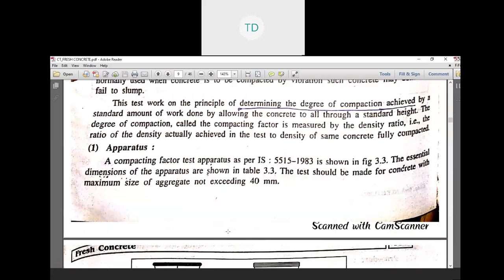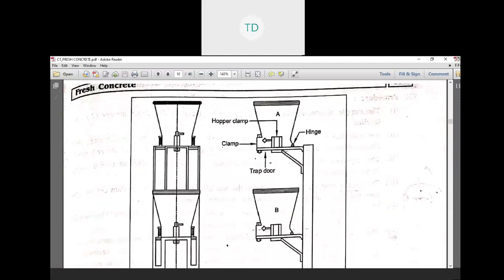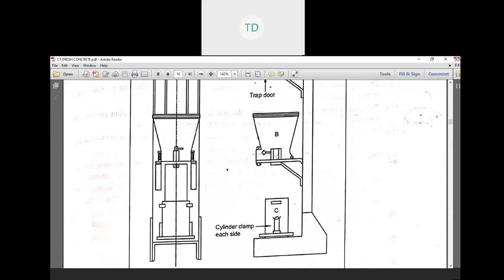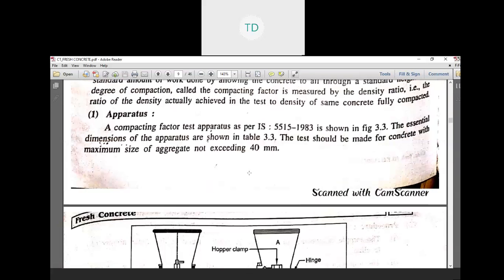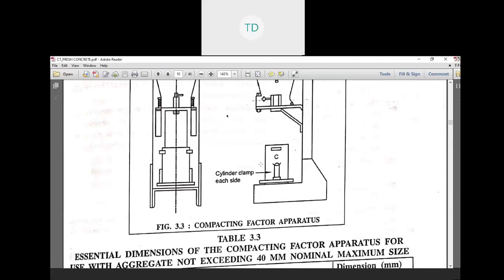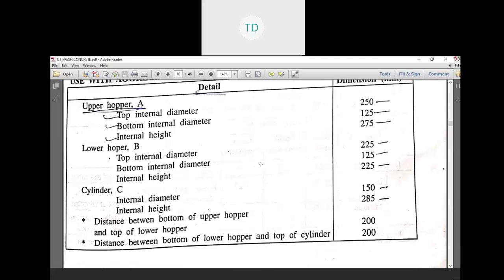Apparatus as per IS 5515-1983. I won't give you the dimensions, which are already mentioned in the paragraph and also in the video which we will send after this session.